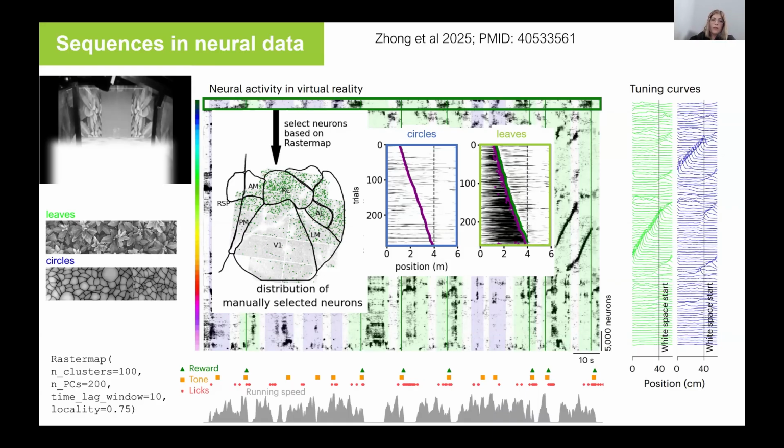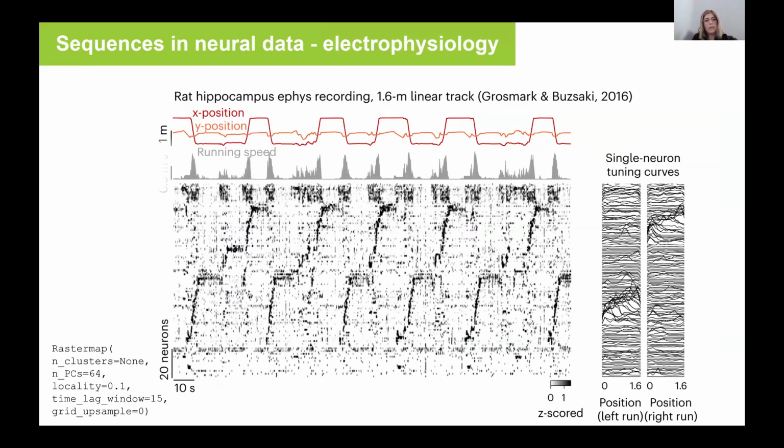You can also use Rastermap on ePhys data. So this is example data with around 100 neurons from the Buzaki lab. This was a rat running in a linear track back and forth, and you can see two sequences for the one direction and the back direction. And one thing Rastermap did here, so this was sorting with single neurons, like I was saying.